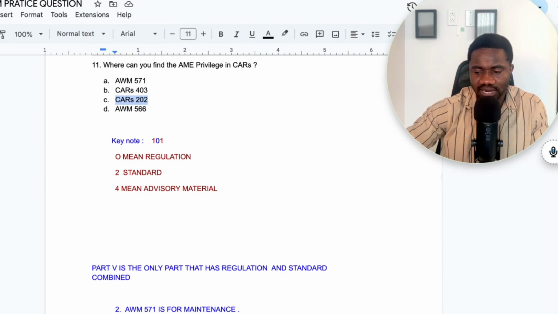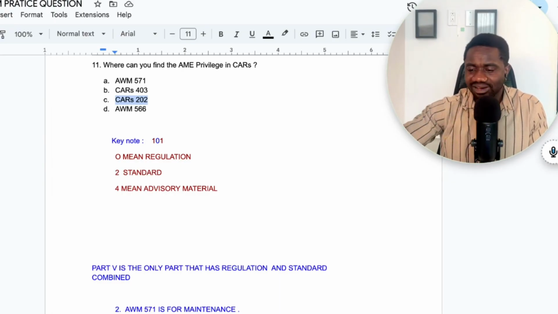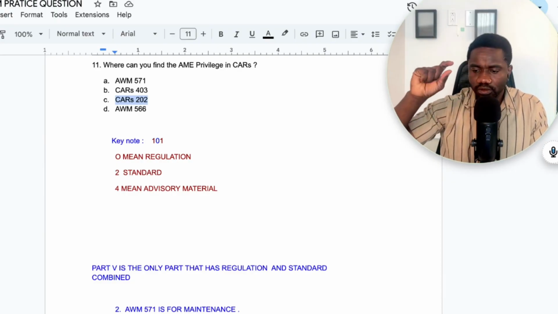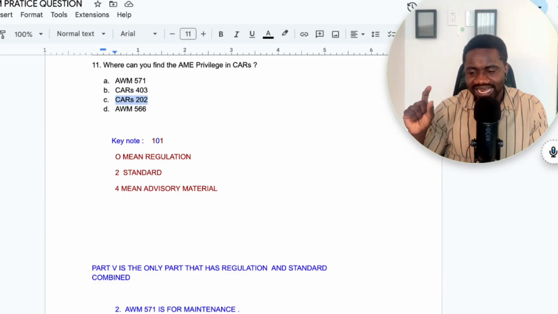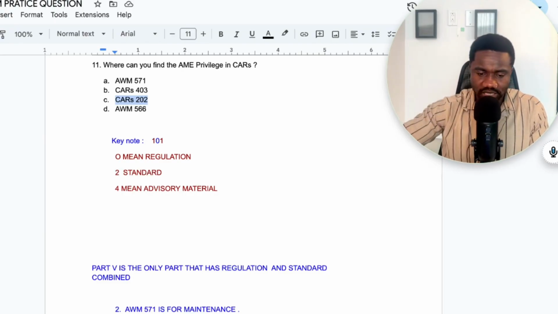And where can you find that? That is in 202, right? That is a regulation. You must have a fin number to do that, right? For measurements, for every fin number, there's a standard measurement, right? There's a standard measurement for every fin number that has to be followed by the manufacturer. Where can you find it? 202. That is a regulation, right?